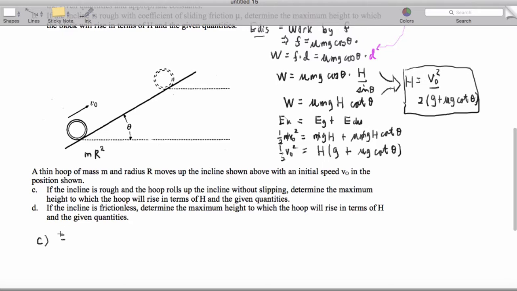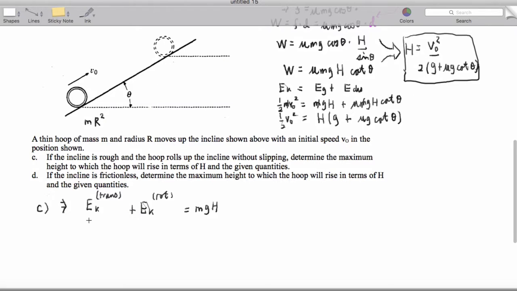So it's going to have E kinetic translational, which is the 1/2 mv squared, plus E kinetic rotational, and it's simply going to end up with the height mgh.